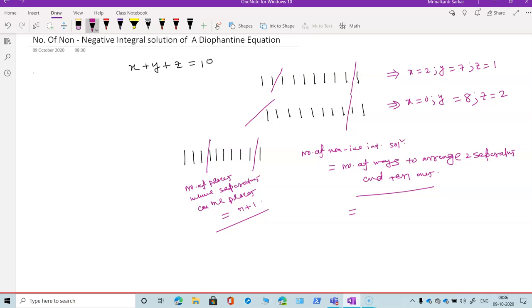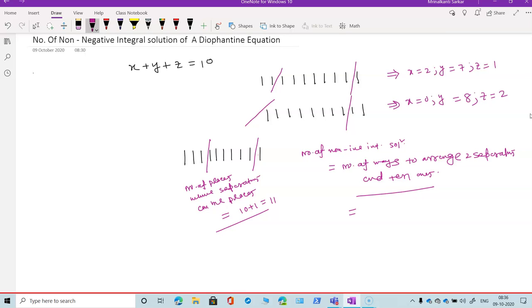I mean 10 plus 1. Do you agree? When 10 ones are kept, the number of ways separators can be placed: 1, 2, 3, 4, 5, 6, 7, 8, 9, 10, 11. 11 places are there. Okay.